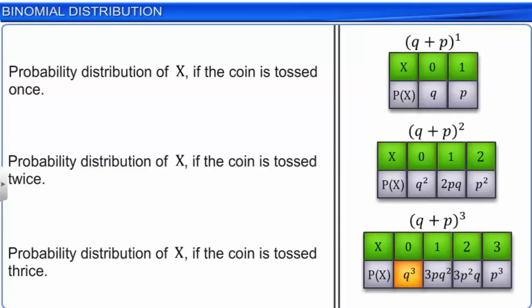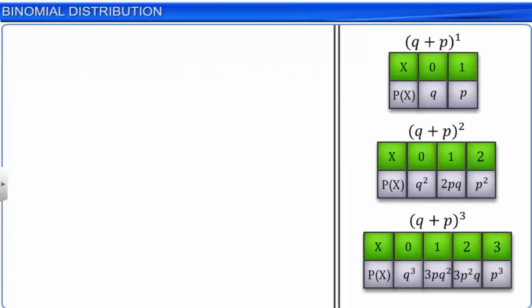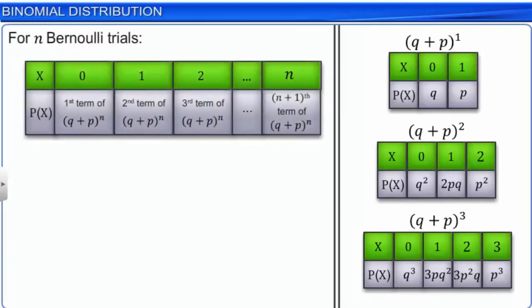This result can be extended to n Bernoulli trials. In an experiment of n Bernoulli trials, the probabilities of 0, 1, 2, and so on till n successes are the first, second, third, and so on till n plus 1th terms of the expansion, Q plus P whole raised to the power n.